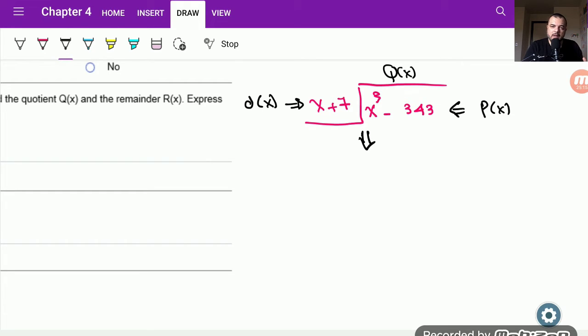Because we would love to have all of the terms with a degree less than 3, since we have x to the power of 3 as my leading term, I'm going to add the missing terms that have a degree of 2 and 1. The last term has a degree of 0.